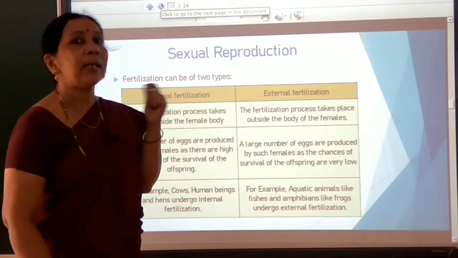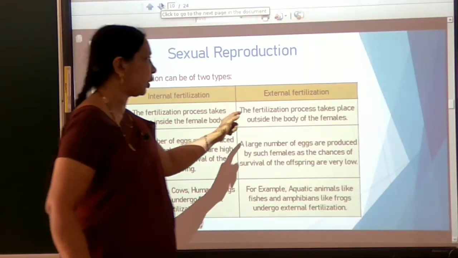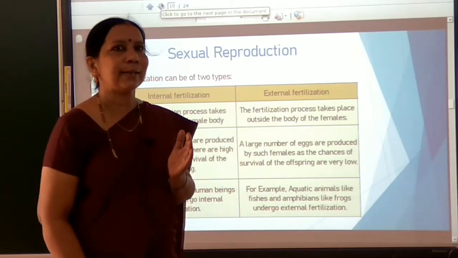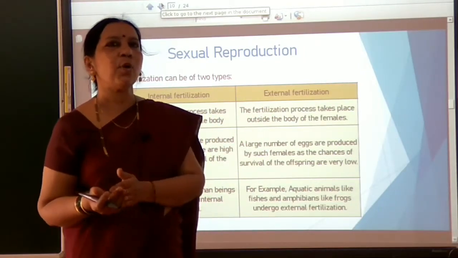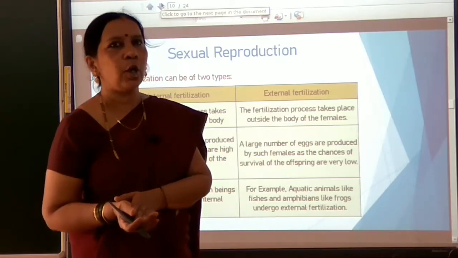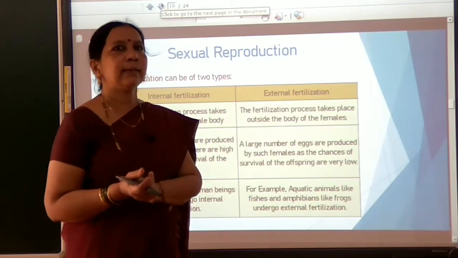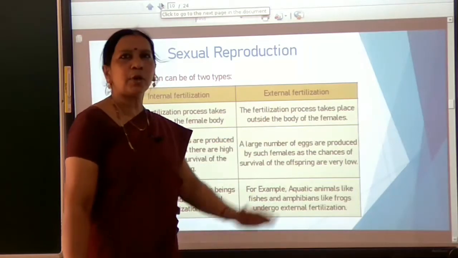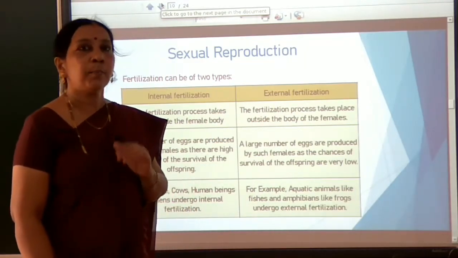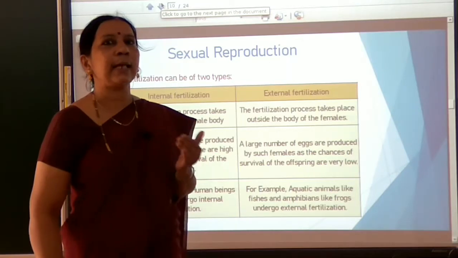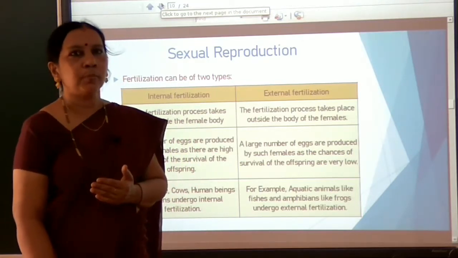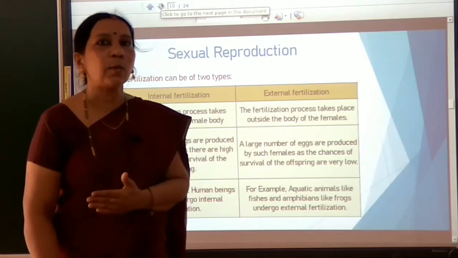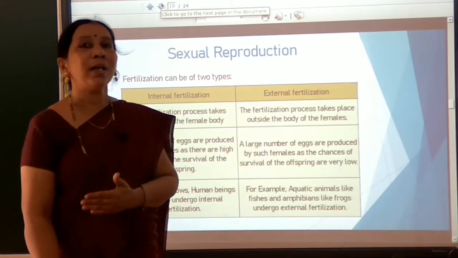What is meant by external fertilization? External, as the name tells, means the fertilization occurs outside the body of the female. This type of fertilization, the fusion of eggs and sperms, takes place outside the body of the female, in water.